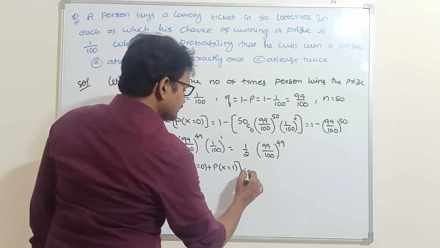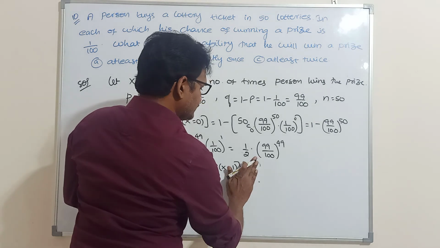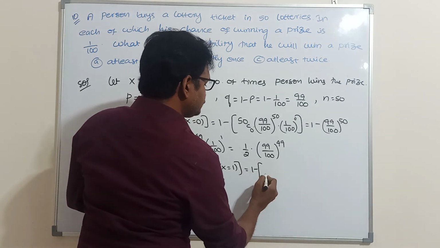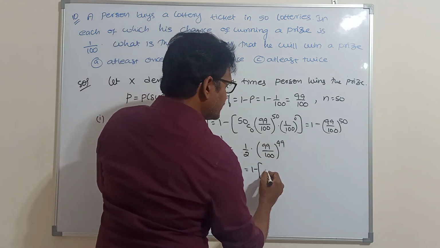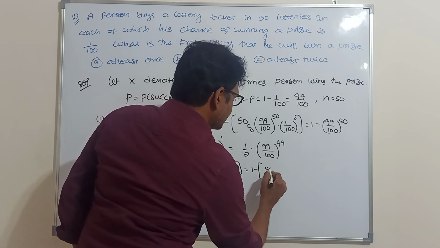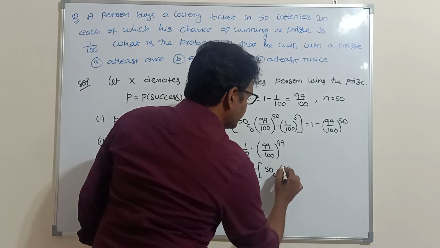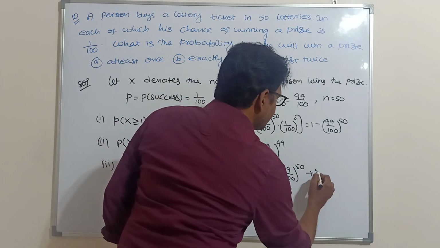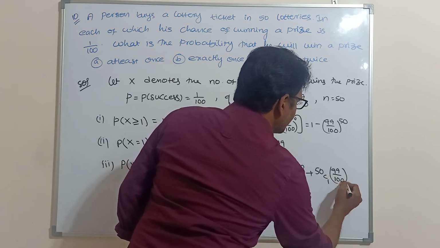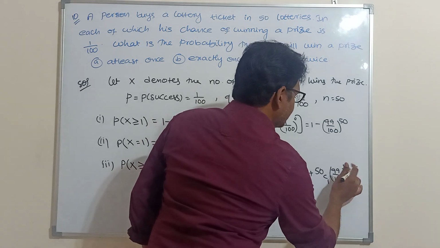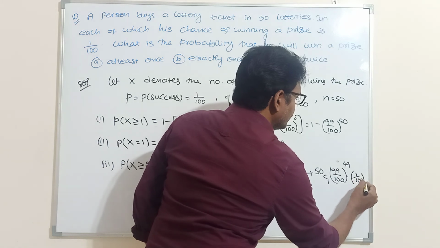Writing directly: 50C0 into 99 by 100 whole power 50 plus 50C1 into 99 by 100 whole power 49 into 1 by 100 whole power 1.